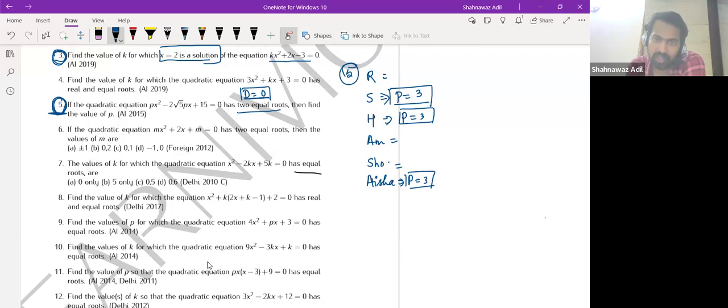Shoaib also got, I can't understand the question. Oh, you didn't understand the question. So you see that we have this quadratic equation, and this quadratic equation has two equal roots. So when the quadratic equation has two equal roots, I got 3, sir.